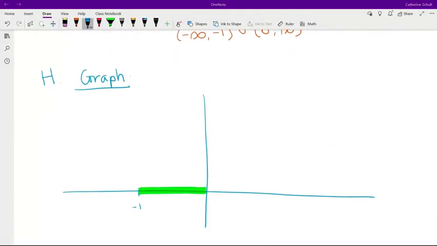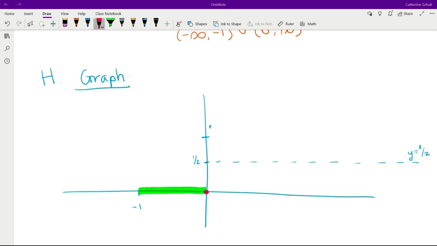Okay, so again, some important points is we have 0, 0. And then remember, y equals 1/2 is our horizontal asymptote. So we'll make sure that's on the graph. What else?